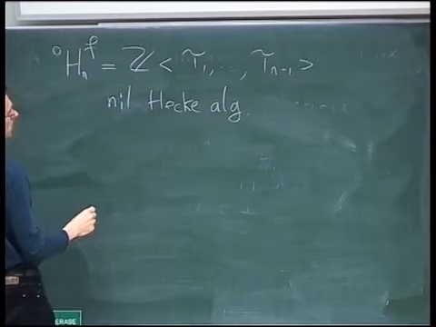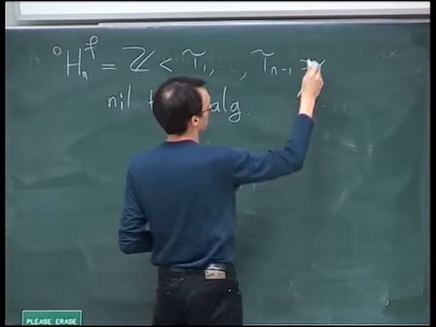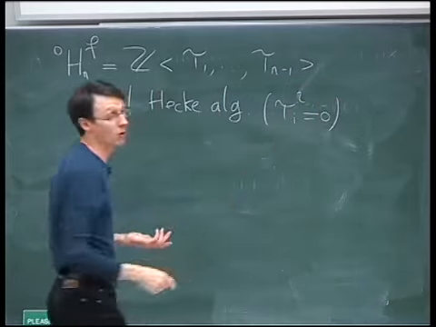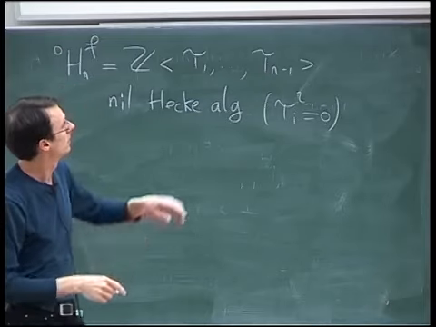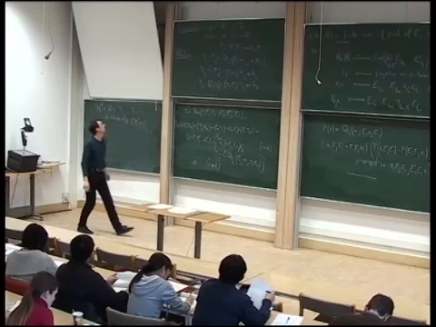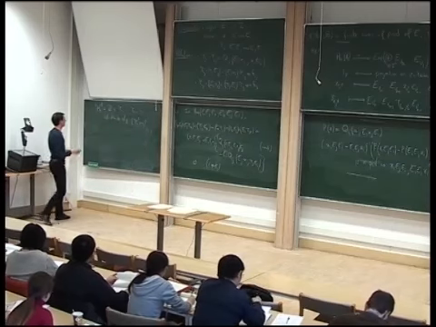So that's, well, I can put the relations here. You put the usual Hecke relations, but tau_i squared is 0, because my polynomial q, when i equals j, is equal to 0 by definition. So that's the nil Hecke algebra.